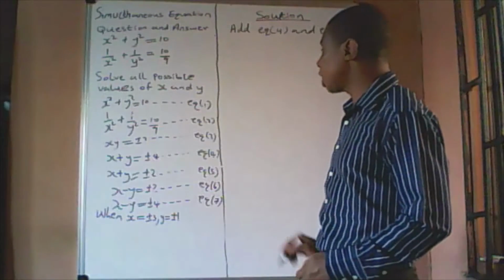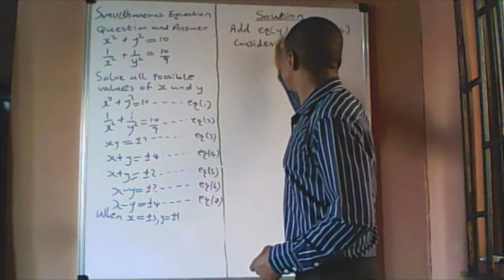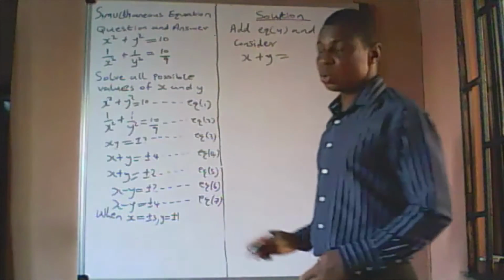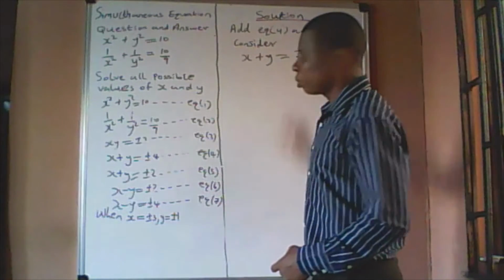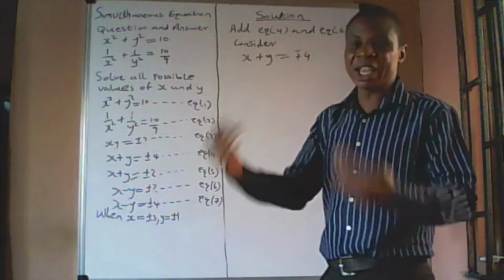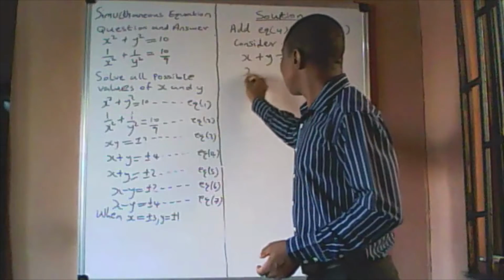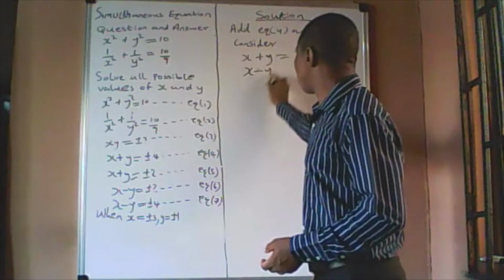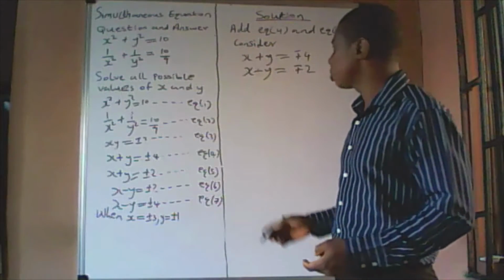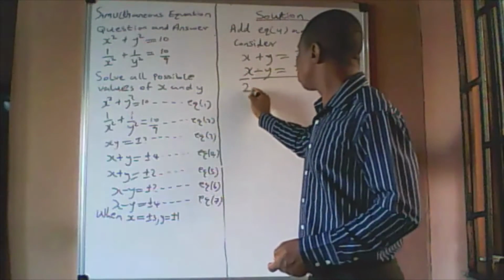Now we are going to consider when x plus y is equal to minus or plus 4. We are not considering minus signs now; we are going to consider plus signs. Now we are going to consider minus signs, and x minus y equal to minus or plus 2. We add them. x plus x will give us 2x.